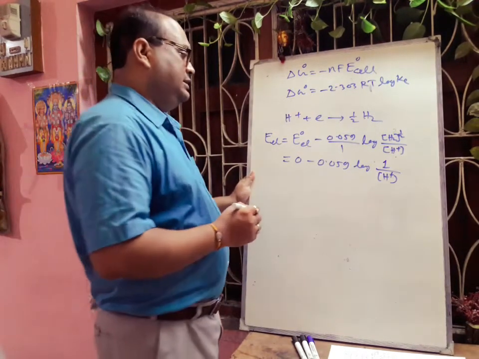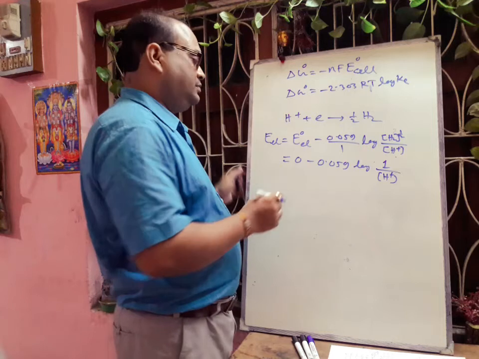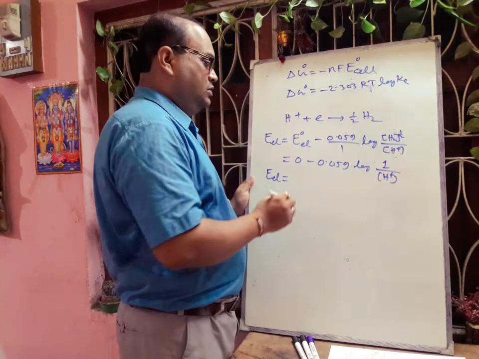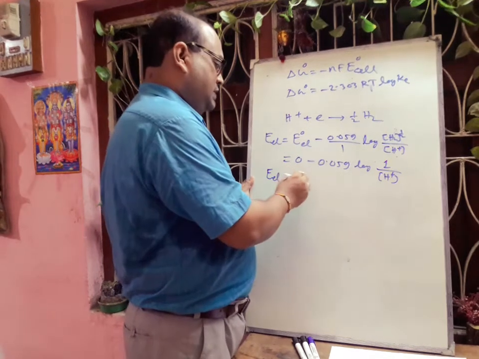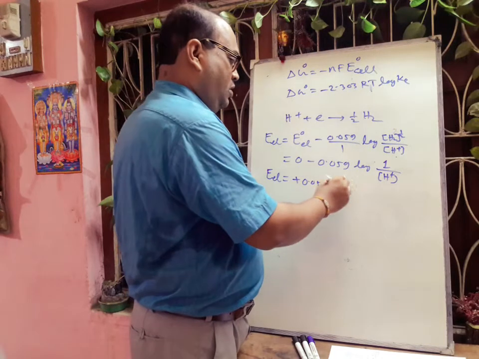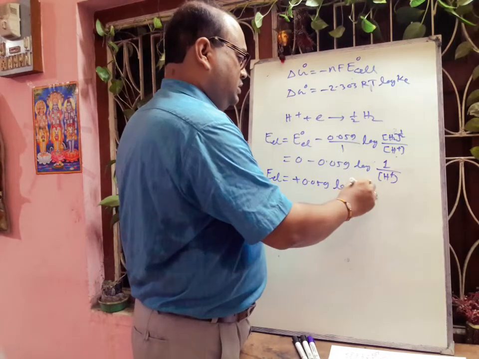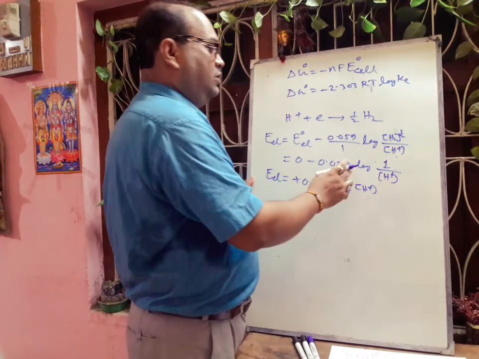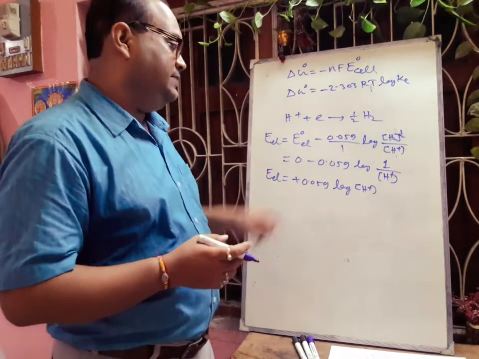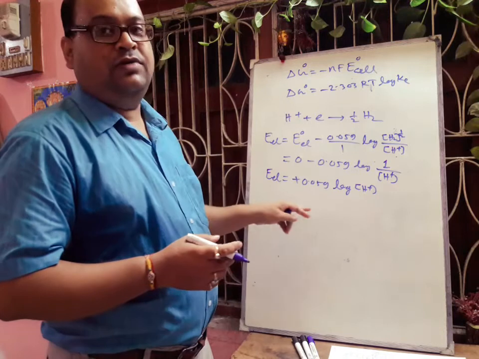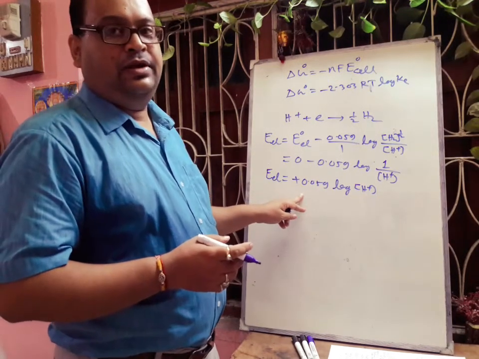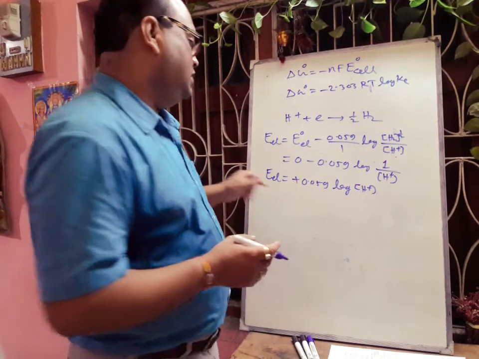Now we can write that E electrode is equal to plus 0.059 log concentration of H plus. We know that log 1 by A is equal to minus log A, so minus minus becomes plus.